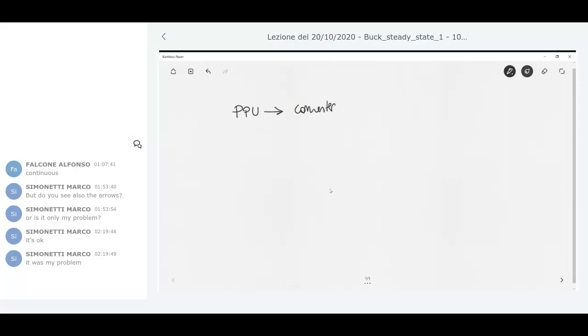Then I said any converter works in close conjunction with the controller, the block of circuits that is not devoted to manage power, but devoted to generate the control signal to operate the converter.